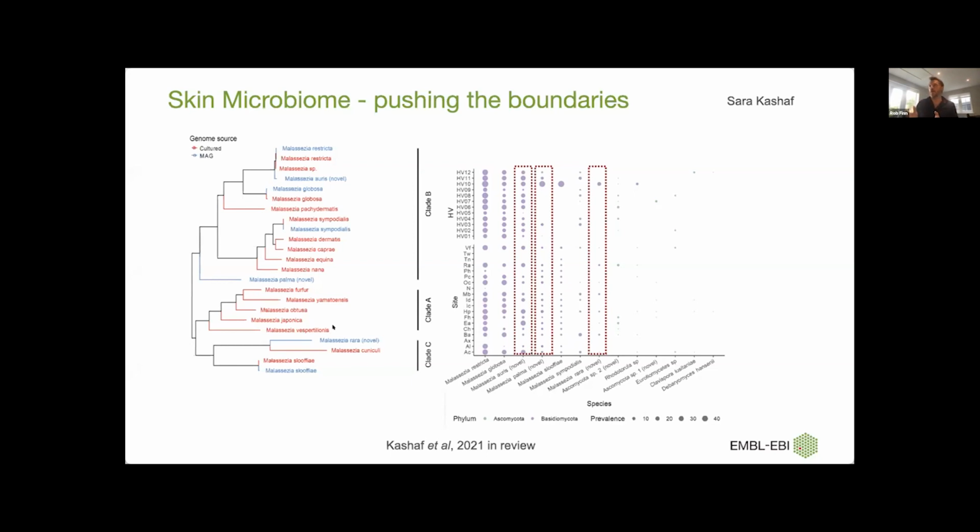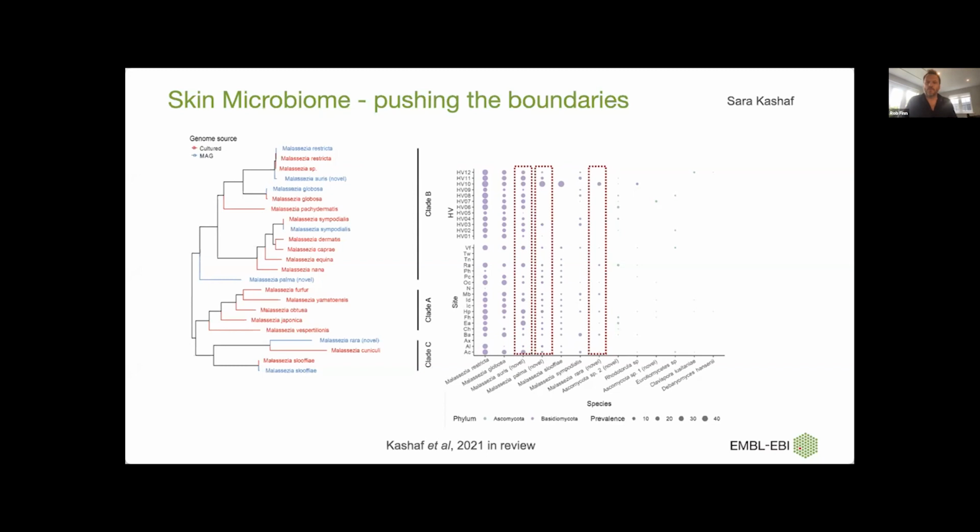And then when we look at the distribution of those genomes on either healthy volunteers, which, if you look on the right-hand side, is the top portion, or at different body sites, which is the lower portion of that, the first novel genome is really, really abundant on different individuals and across different body sites.